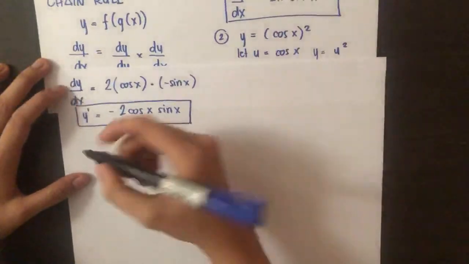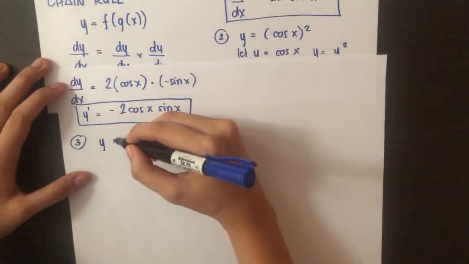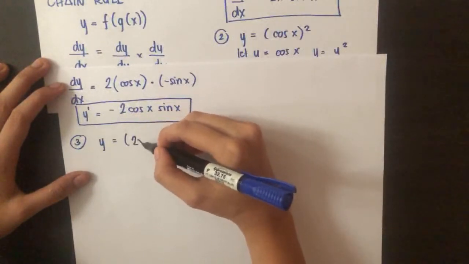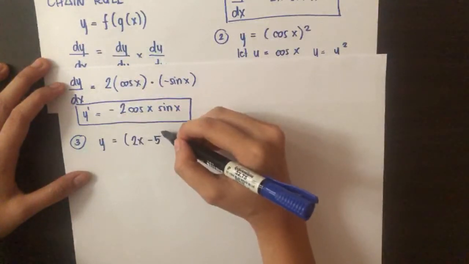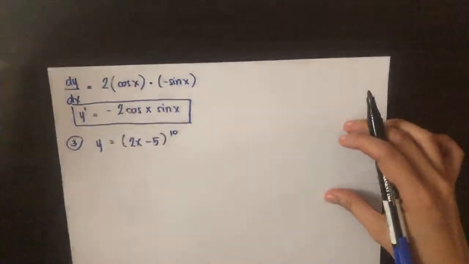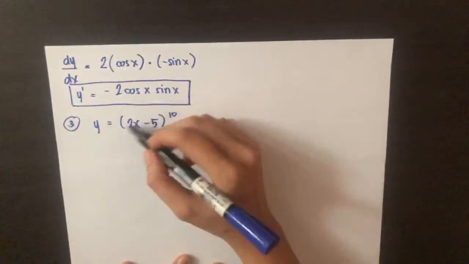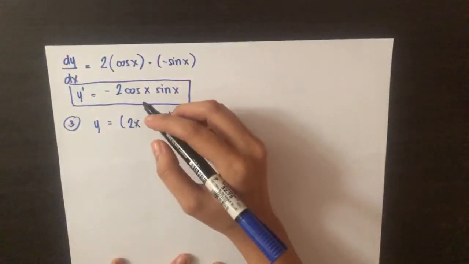Another example, y is equal to (2x minus 5) raised to 10. Like I said earlier, it's best to let u be the one inside the parenthesis.